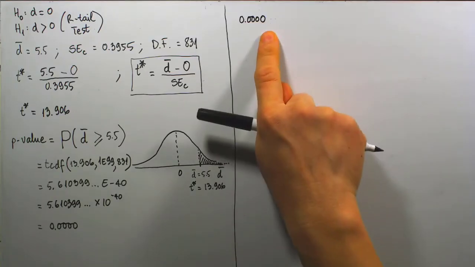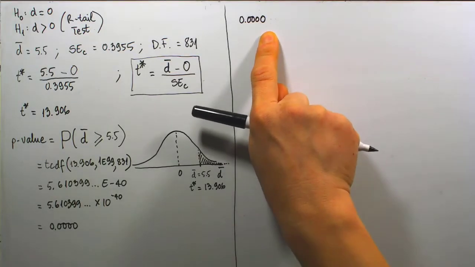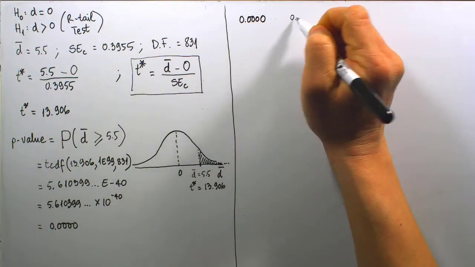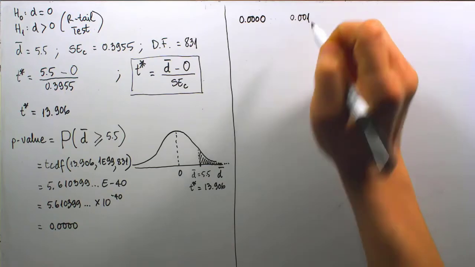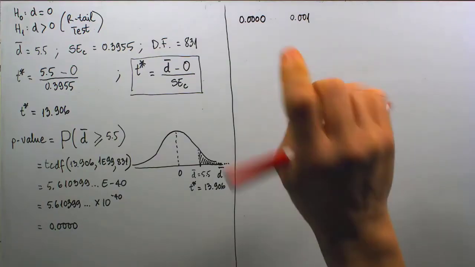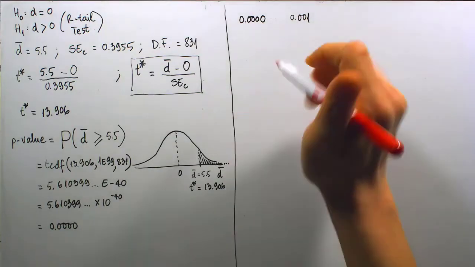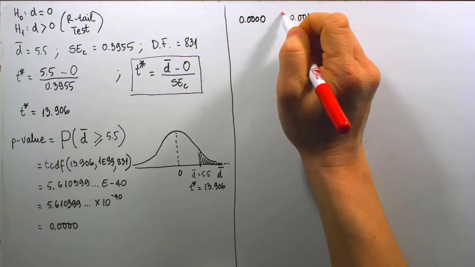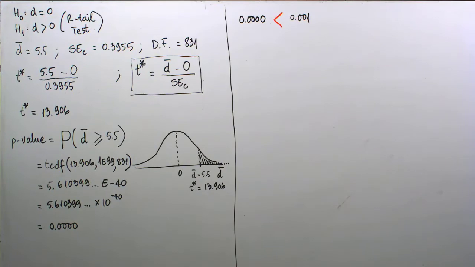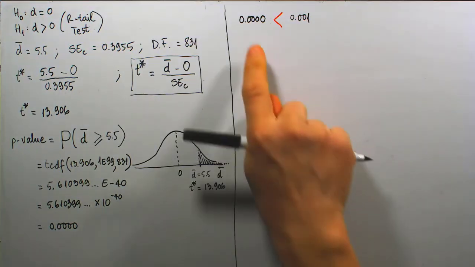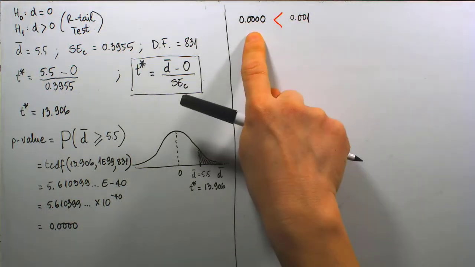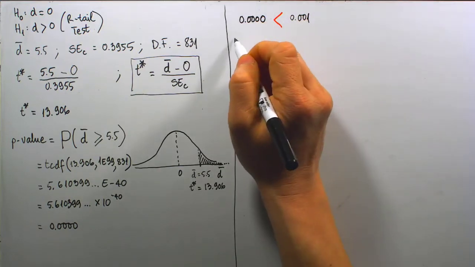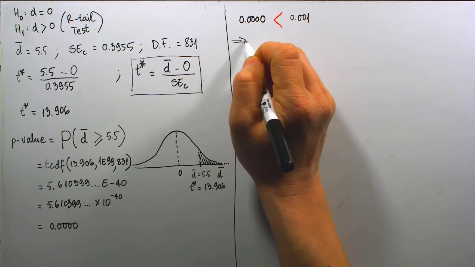So this final p-value of ours is going to be compared directly with significance level 0.001. And direct comparison shows that our final p-value here is well below the given significance level.